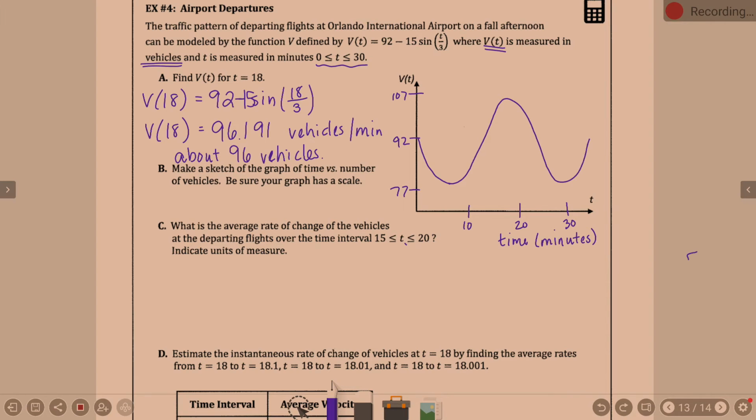That's not exact, but it gives us a little bit of a sketch to look at. And if done correctly, my 18, yeah, it's not done exactly correctly because I didn't sketch it correctly, but the point, when we plugged in 18, we came out at 96.191. That point should be right there. And it should be better on my actual graph.